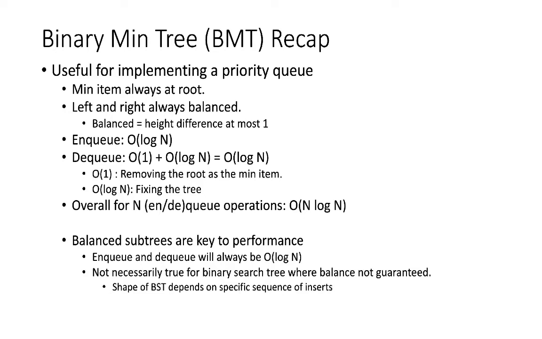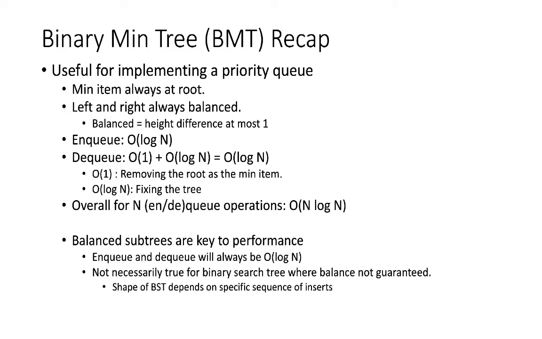It's always at the top, and so finding it is an order 1, constant time operation. But then we needed to fix the tree, and so we needed to take something from one of our children and promote it back up to the root. And so fixing the tree might be an order log n operation. So overall, dequeuing was an order log n operation.